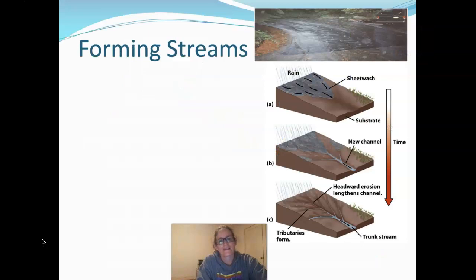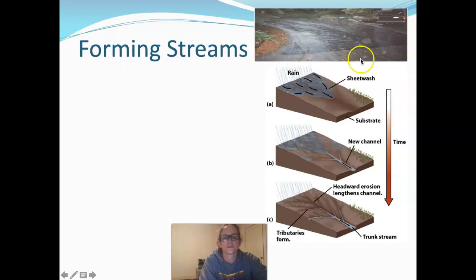Forming a stream. The stream begins as sheet wash. This is literally like a sheet of water flowing down a parking lot, like in the image here at the top. It's not channelized, it's just flowing along the surface. That sheet flow then is going to eventually coalesce into little lobes that form into a little channel.